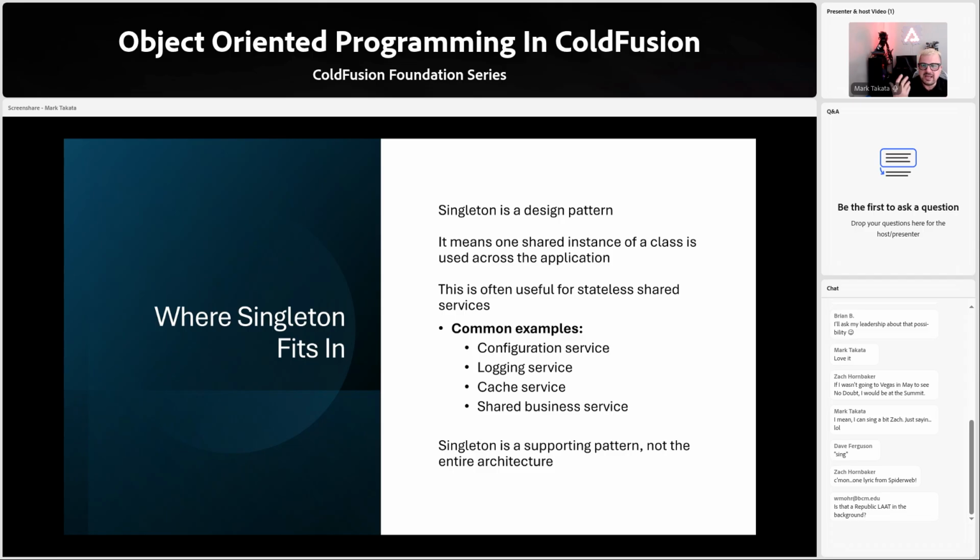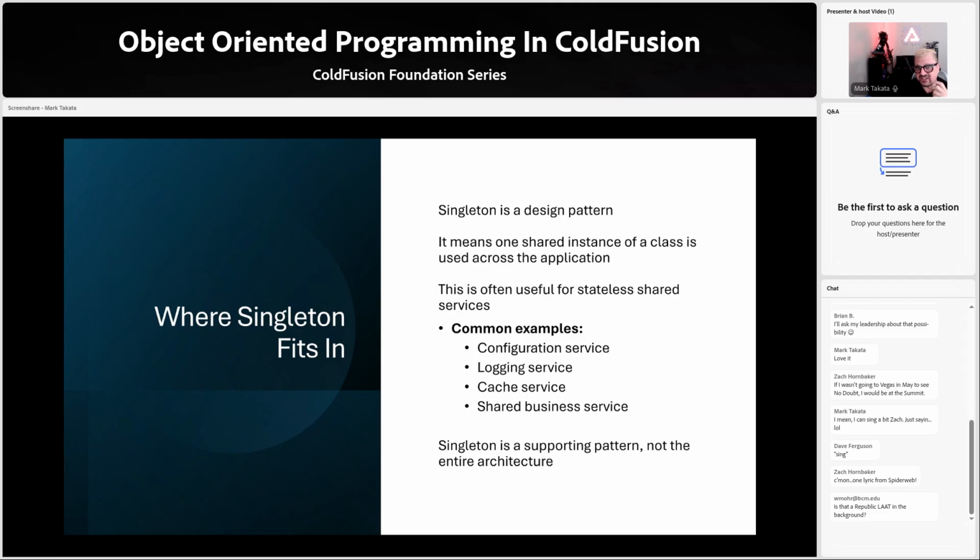And what does it mean? It means it's one shared instance of a class that's used across the application. It's often used for shared services that are stateless, right? So like a configuration service, a logging service, a caching service, something that's shared. Keep in mind, this is a supporting pattern.